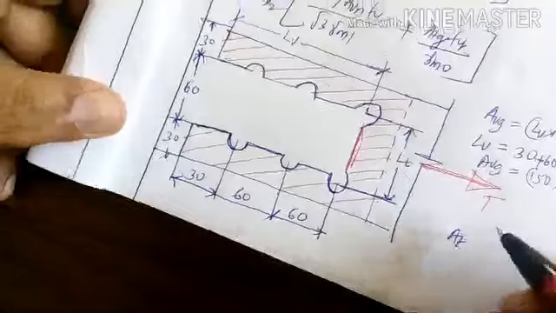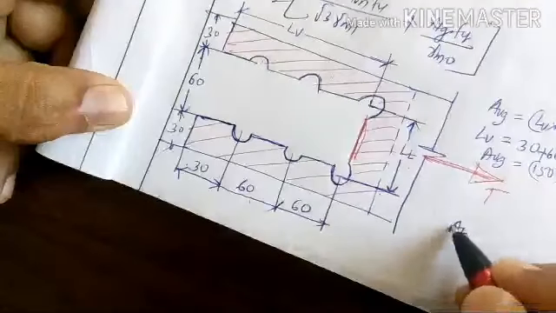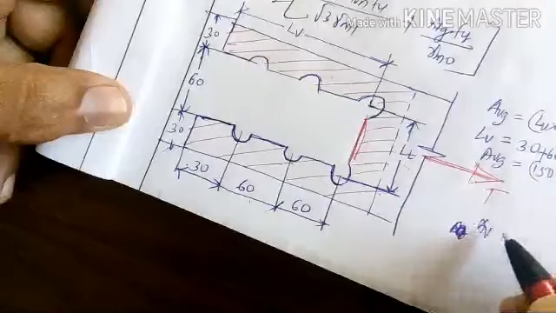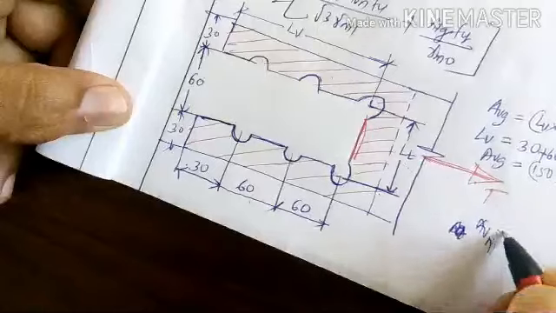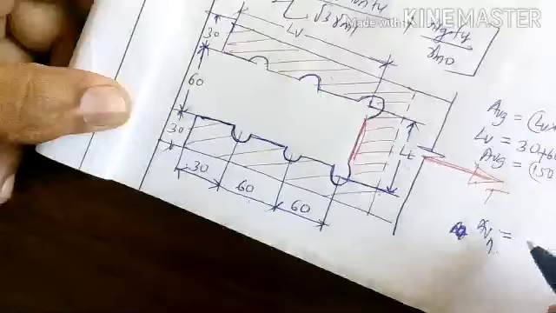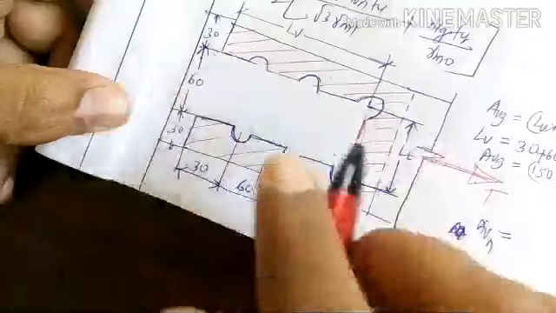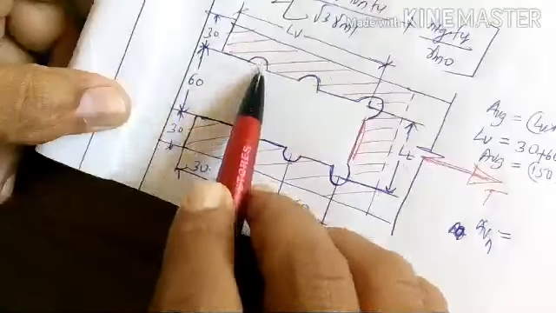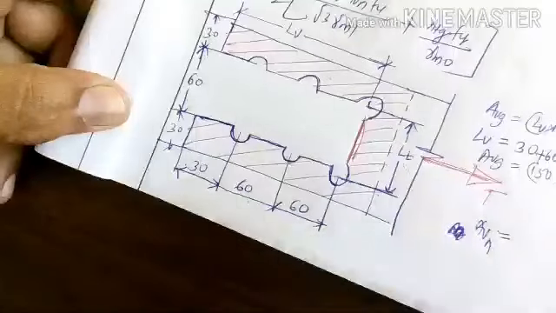AVN is the net area. Here we have to remove bolt holes, 1, 2, 2.5 holes.